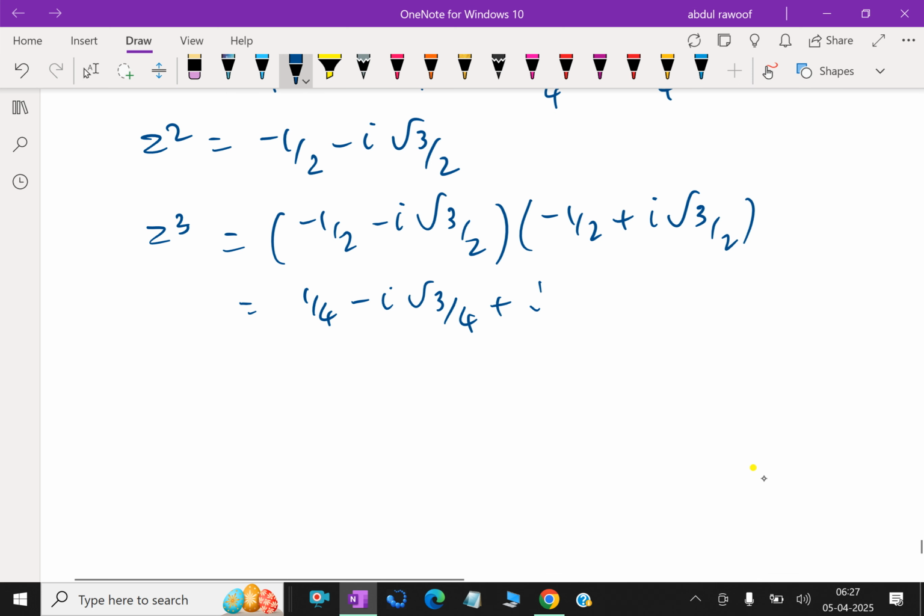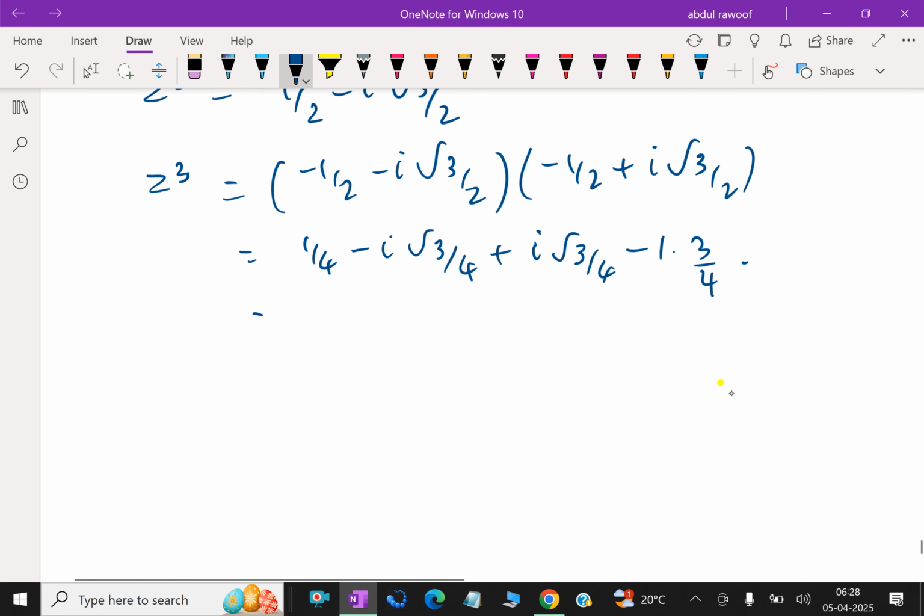Then minus into minus gives plus I root 3 by 4. Then minus I into plus I is I square, which is minus 1, but minus into minus is plus, so 1 into root 3 into root 3 is 3 over 4.